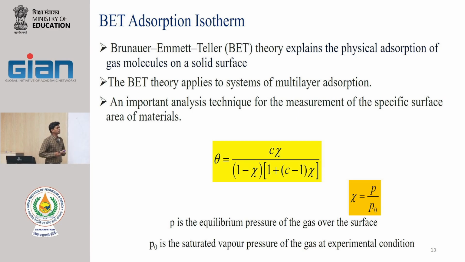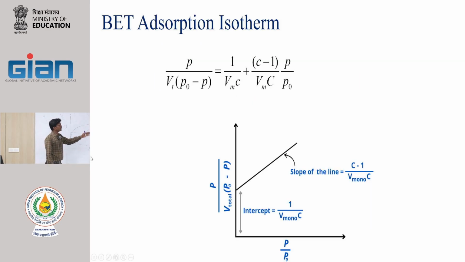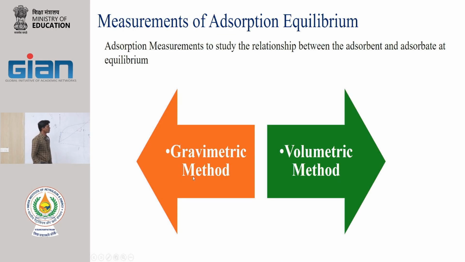This BET adsorption isotherm is typically used to compute the surface area, because it deals with multi-layers as well. If you rearrange this, in place of zeta you just substitute P over P naught and rearrange the equation. You will get something like this.